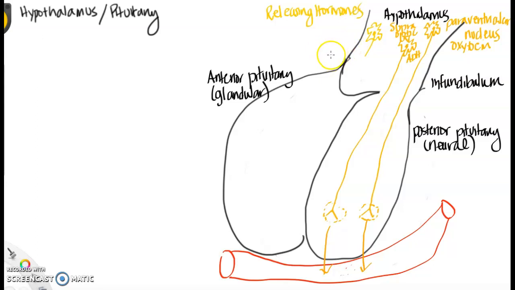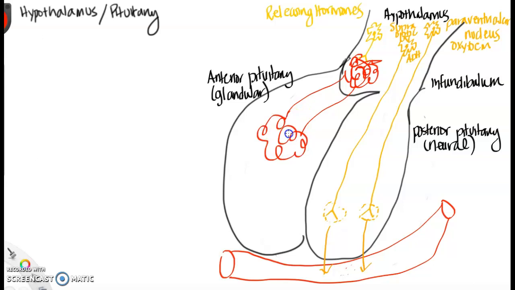These nuclei that have releasing hormones are connected to a capillary bed. So here's a capillary bed, and that capillary bed has vessels that go down the infundibulum into the anterior pituitary and connect to another capillary bed.